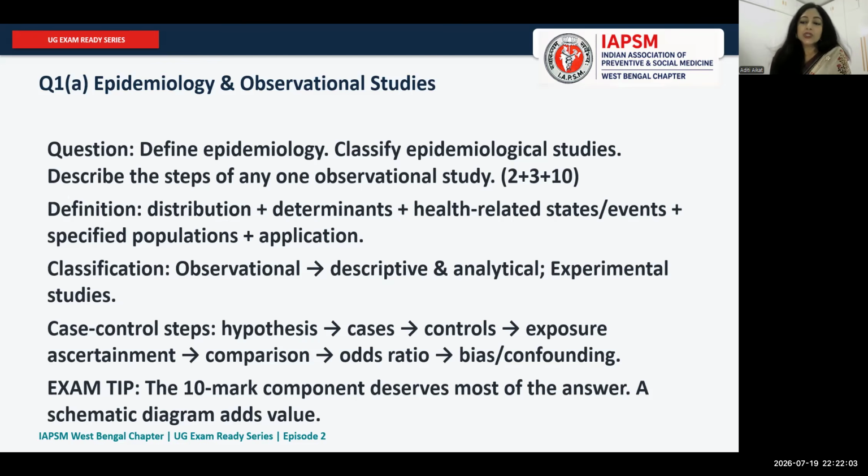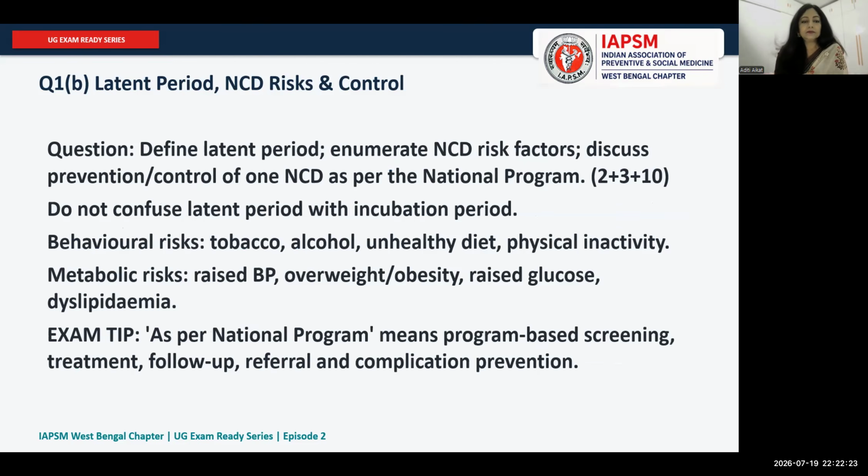And mention the steps so that it gives a clear impression to the examiner that you are aware of the basics. If possible, add a schematic diagram. It always adds value to the answer.